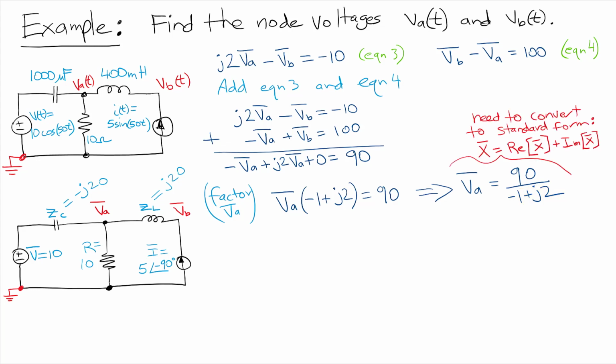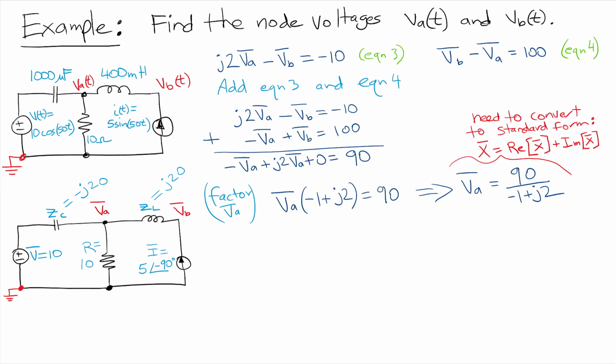And then we have a problem here, because to get an expression for VA, we're going to have to convert VA into a standard form, okay, to work with it. So we can't have any imaginary numbers on the bottom, okay? So we want to have it some real number plus an imaginary number.